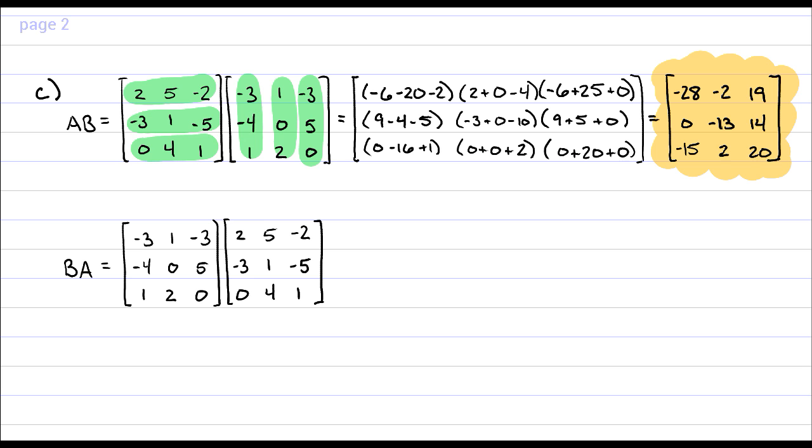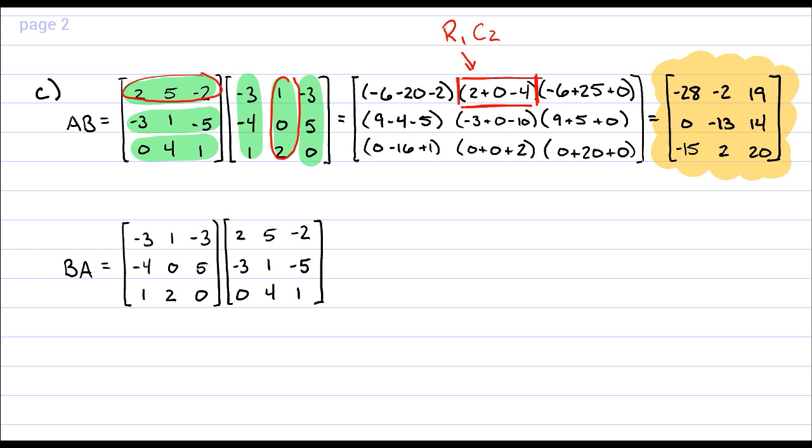So let's say I wanted to calculate this entry, for instance. Notice that this is in the first row, but it's in the second column. So to calculate this, I would take the first row of the first matrix, but then I would use the second column of the second matrix.